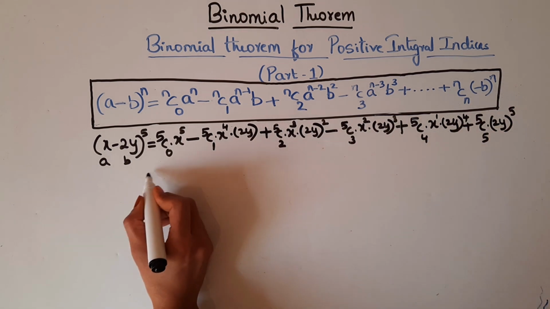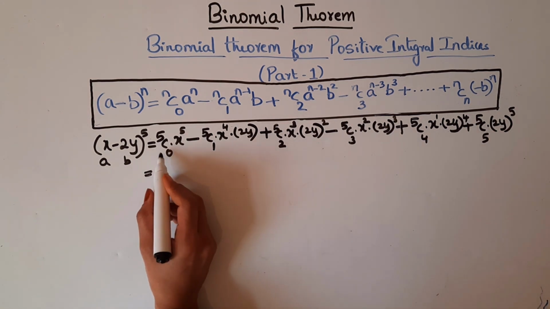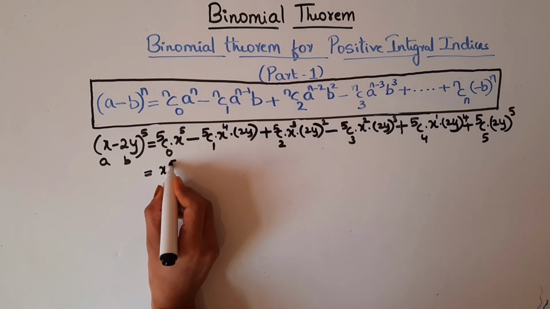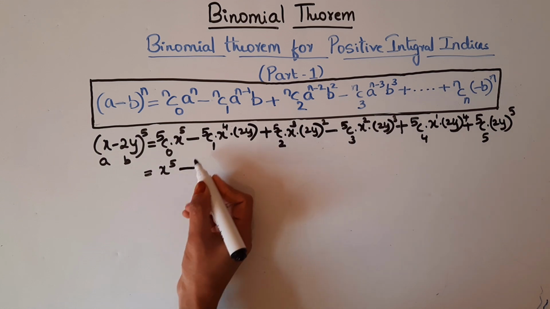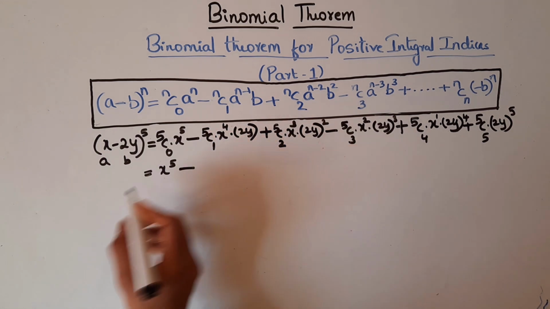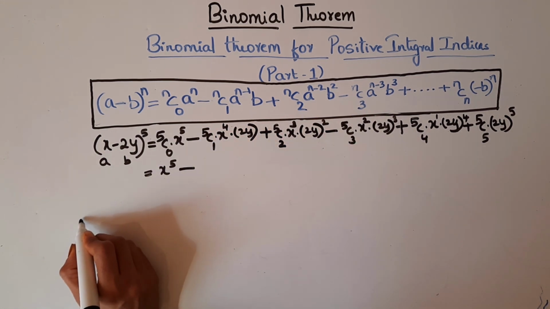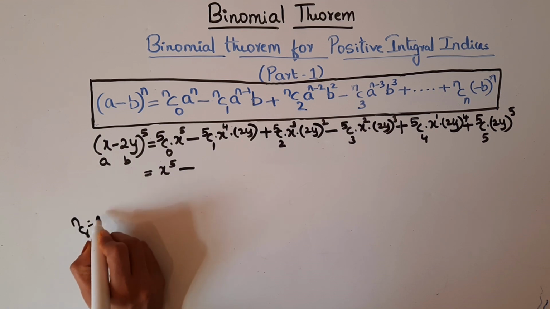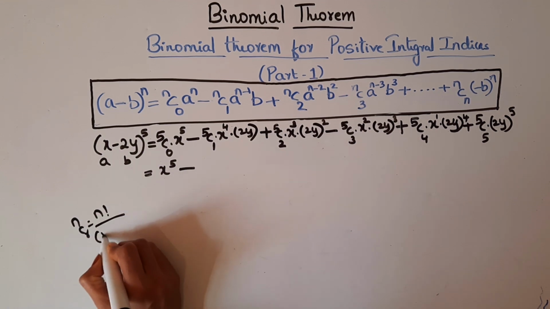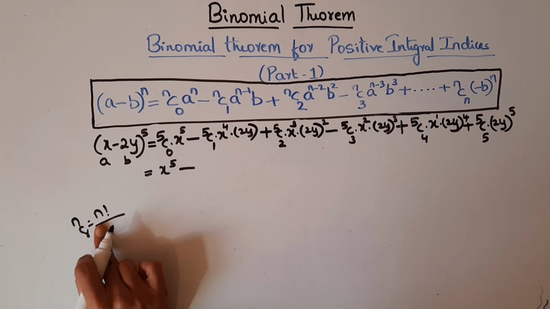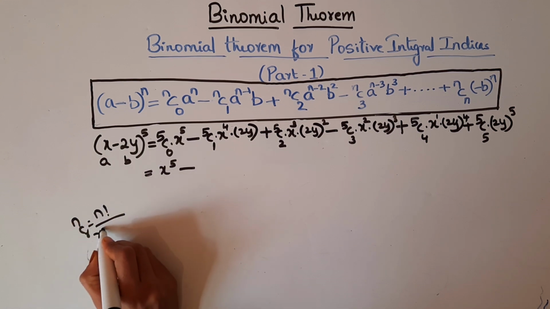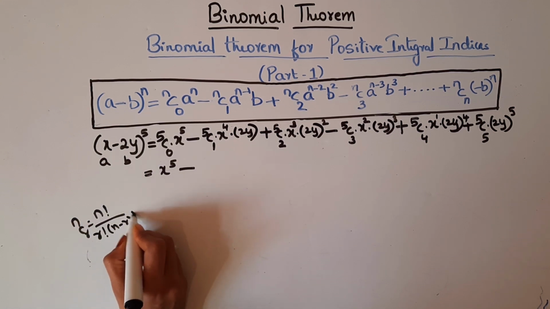So let's simplify this. What is 5c0? We know 5c0 is 1, so 1 into x power 5 will be x power 5, minus, what is 5c1? If you want to, you can put the formula. We have nCr is equal to n factorial by r factorial into n minus r factorial.